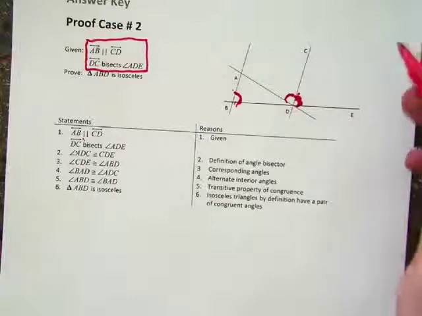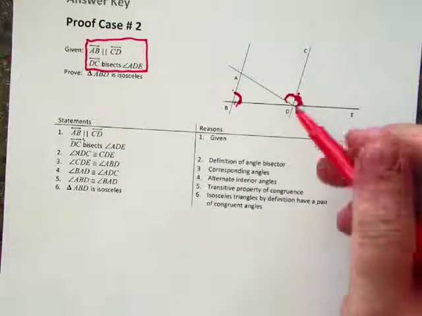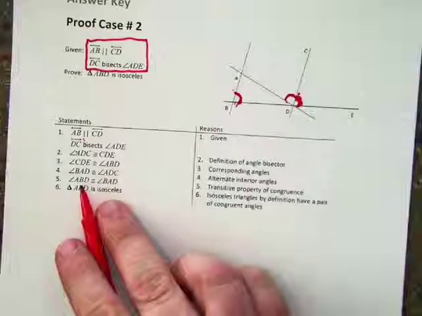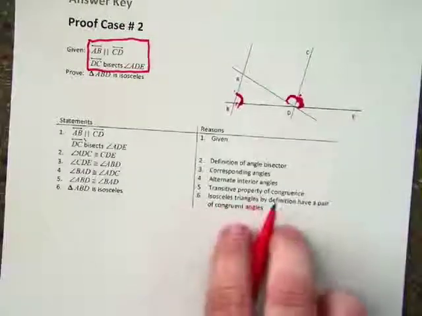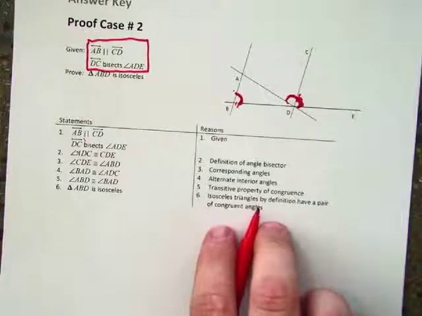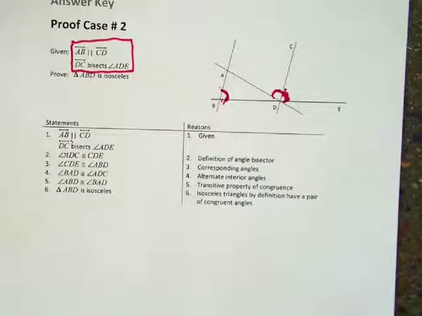Now, as we keep going, we see BAD, ADC. So you can see that it's going through and using each property of congruence, okay, and then ultimately gets to the end. And that's the key with proofs. You've got to go through step by step and try to show everything you can.